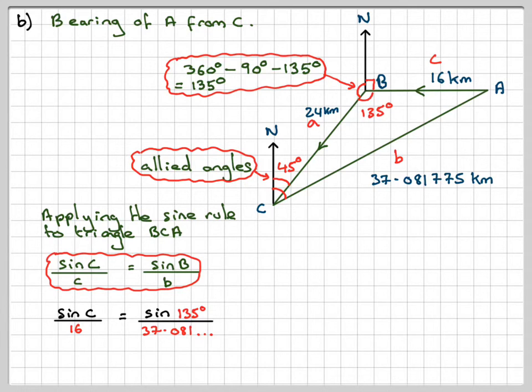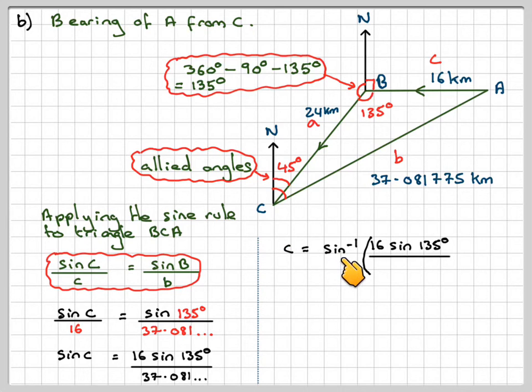Then rearranging that, since I've got divide by 16, we need to multiply by 16. So sine C is going to be 16 sine 135 divided by 37.081. We can do this all in one go on the calculator by finding C by doing sine to the minus 1 of 16 sine 135 divided by 37.081.